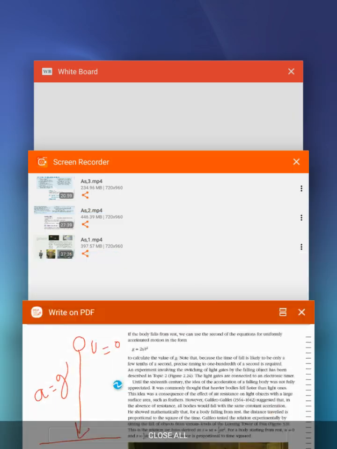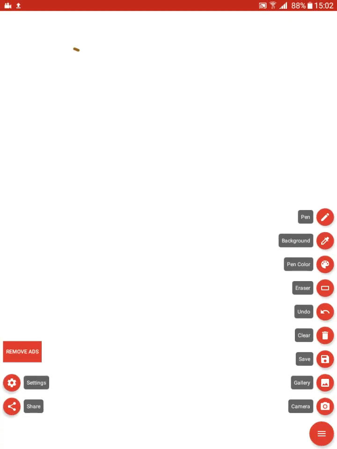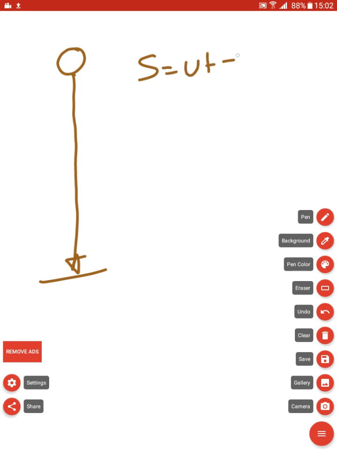Let's see how I can use this equation to find the acceleration of free fall of any planet. s equals ut plus half a t squared.